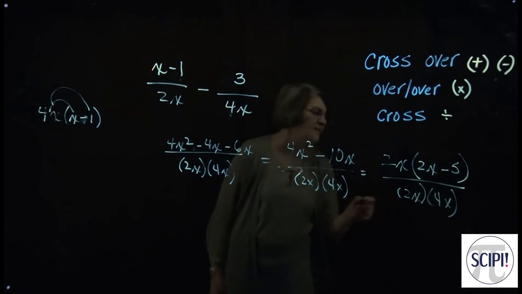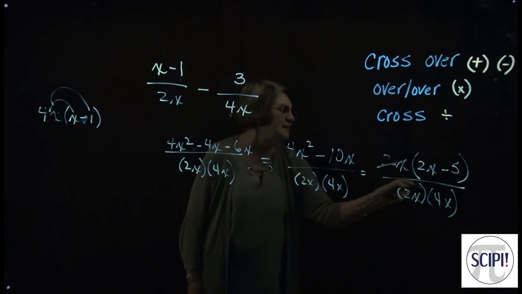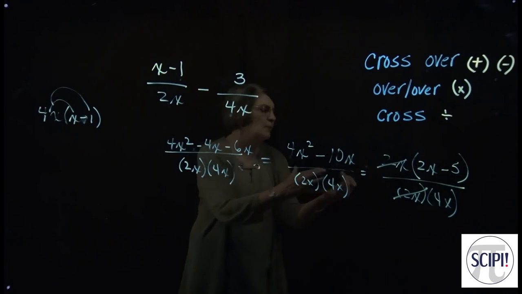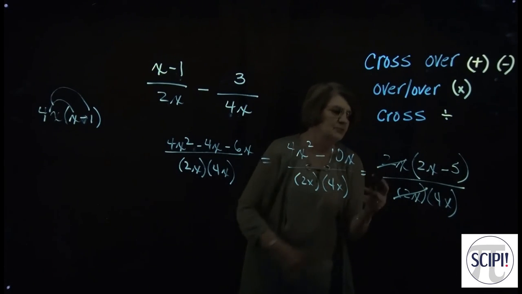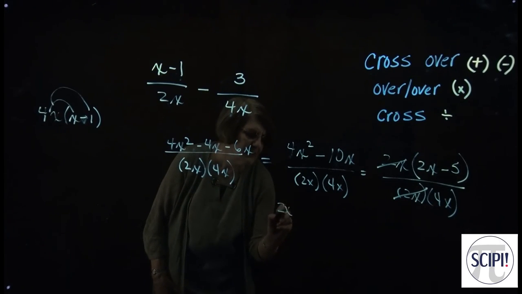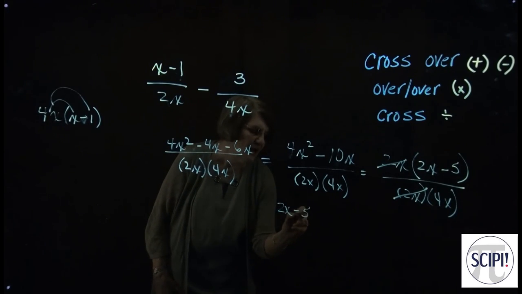Now, do you see why I left that? Because now I can do this. Whereas if I had multiplied it out, I would have to break it back down and do that. So now I end up with 2x minus 5 over 4x.